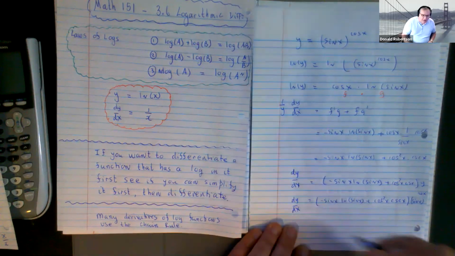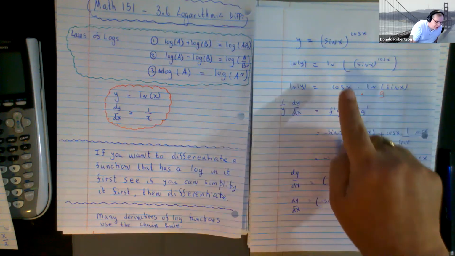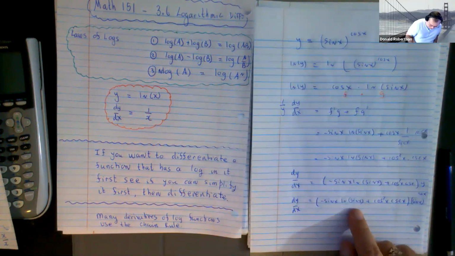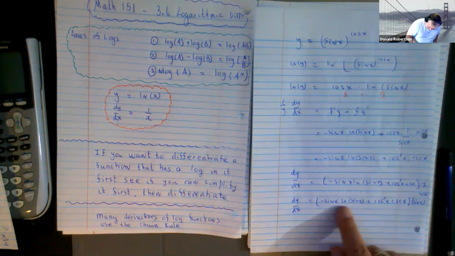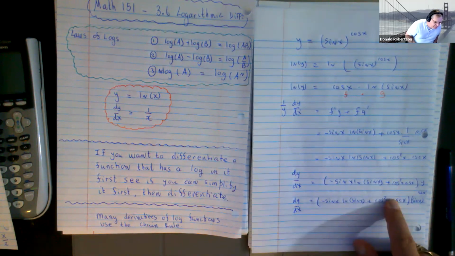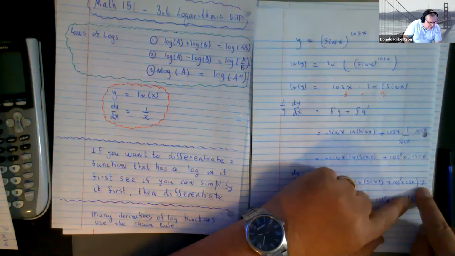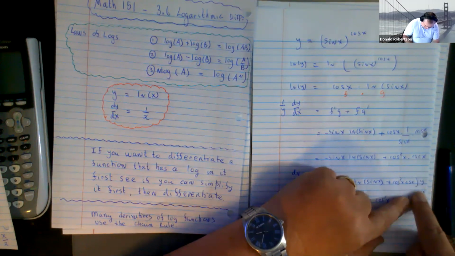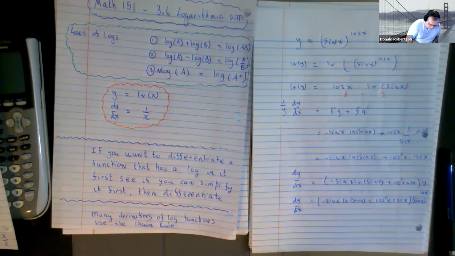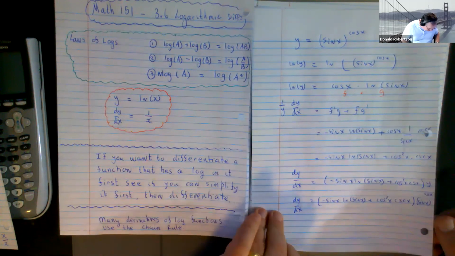If we didn't have logarithmic differentiation, I think you could spend your entire life guessing what the derivative of that is. Would you agree that this mess here is not obvious why it is what it is? The only bit you probably could have guessed is that that bit's going to be in the answer. But would you agree all of this is kind of mysterious? Right, as a guess, which is why we need processes sometimes. We can't just rely on patterns.